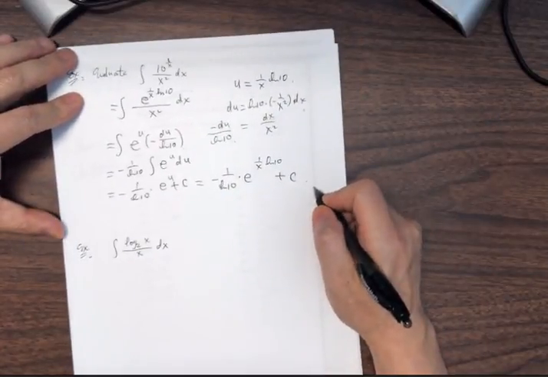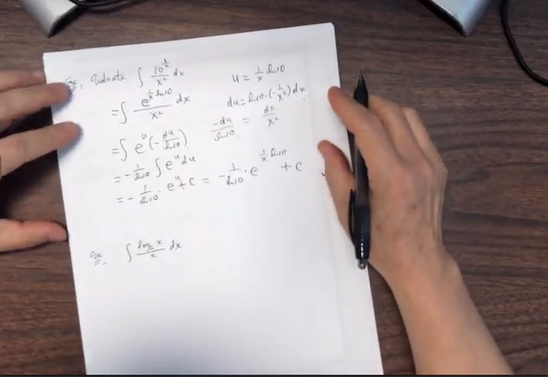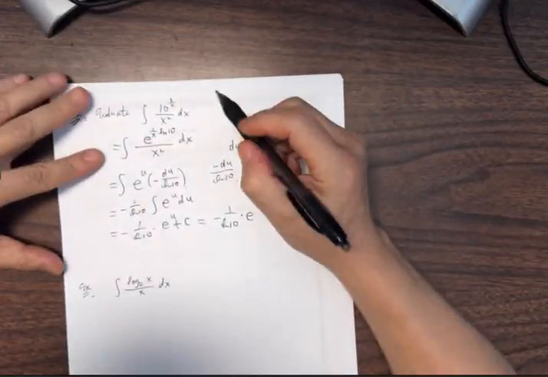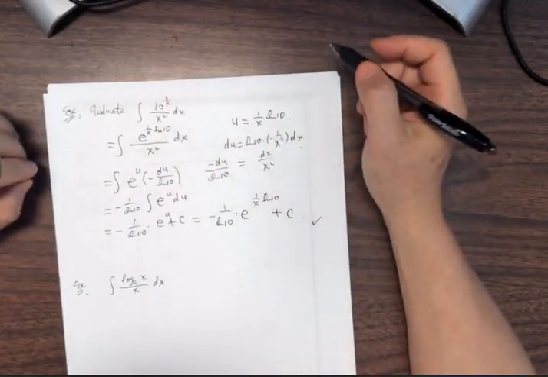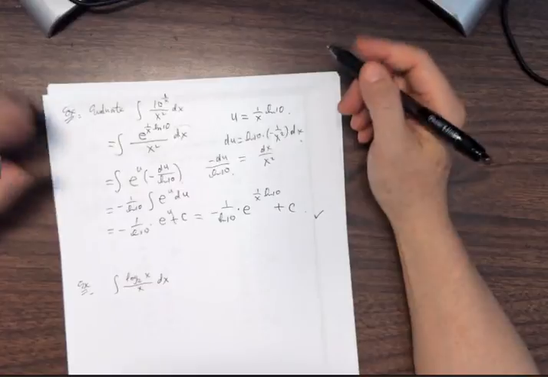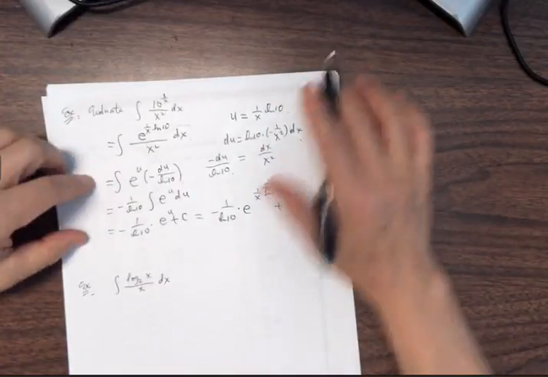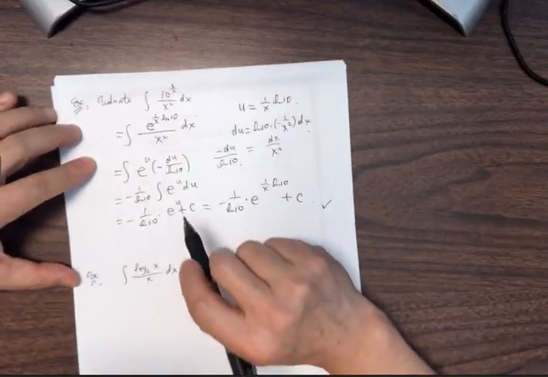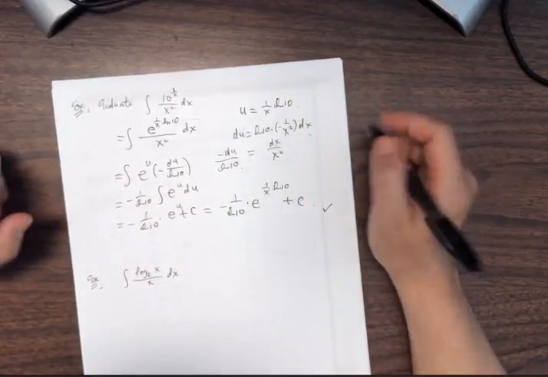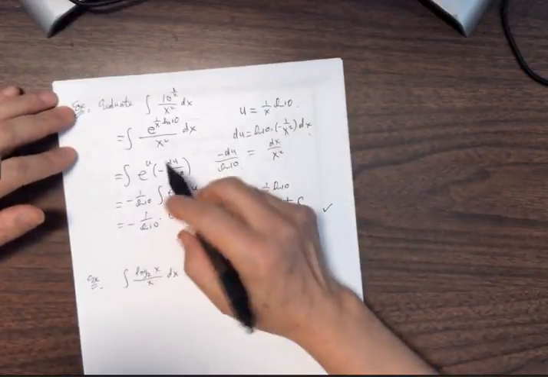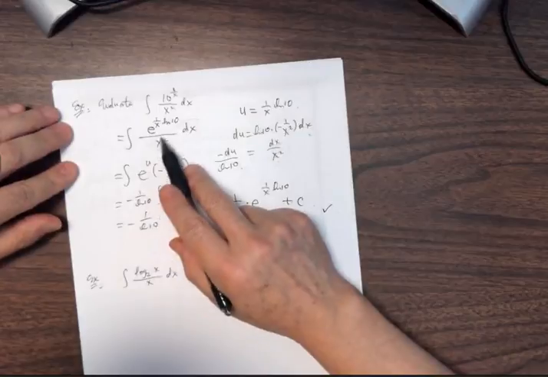Alright, this is how we evaluate an integral involving exponential to some arbitrary base, 10 in this case. It could be any base, but all we need to do is change the base. So we just treat the integral just like before. Whatever we have to do.